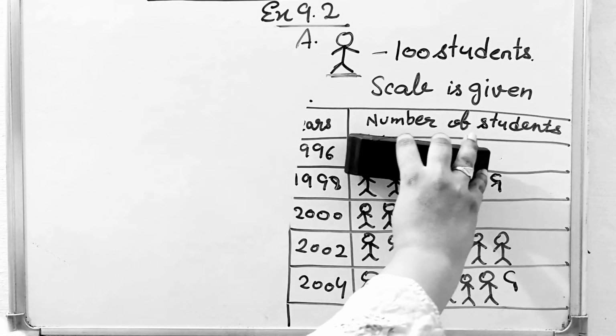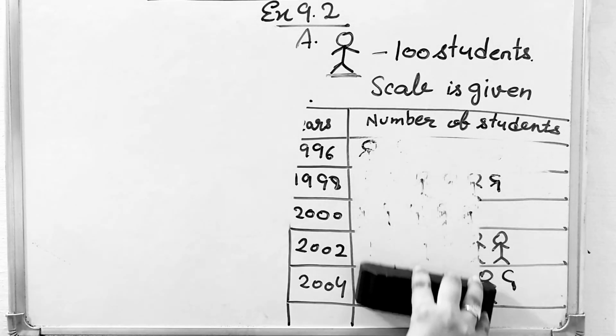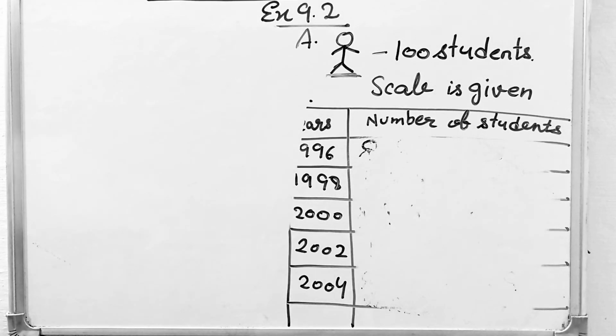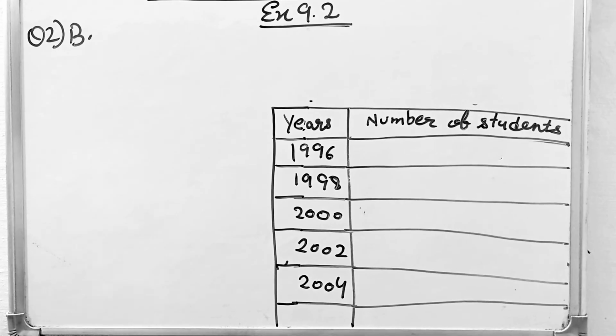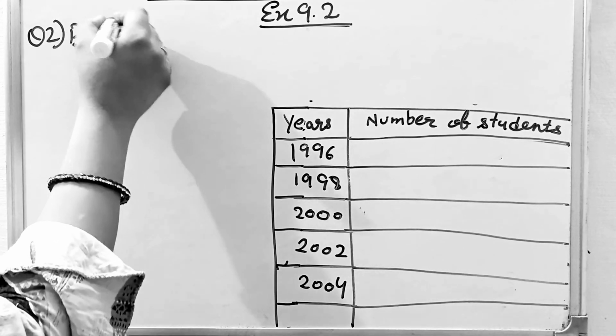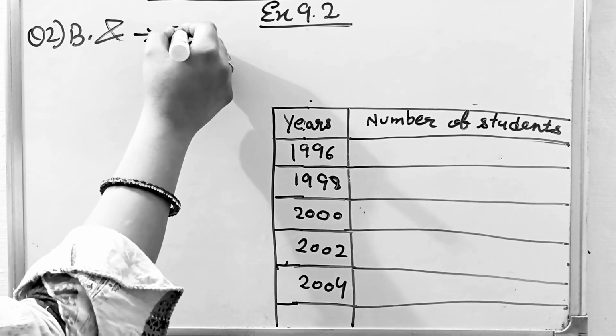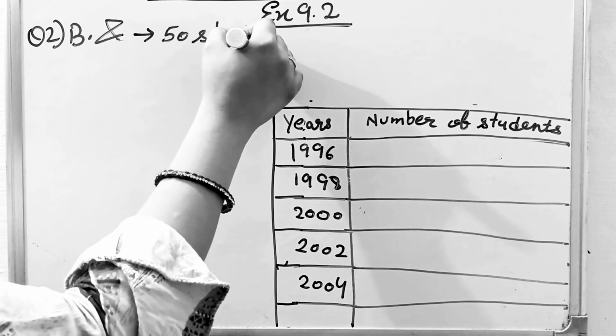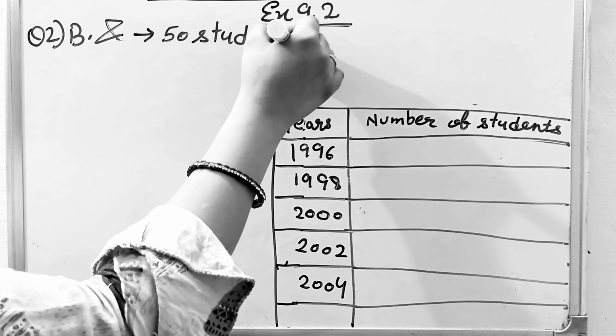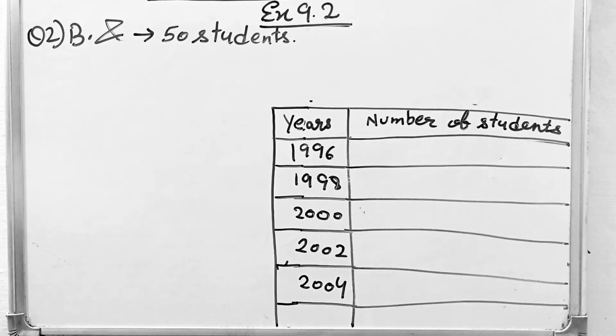let me just clear this. So for this you can take any symbol. I am taking this symbol, and this is representing 50 students. Right?